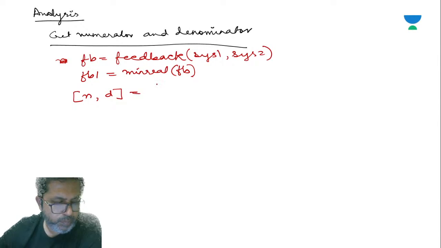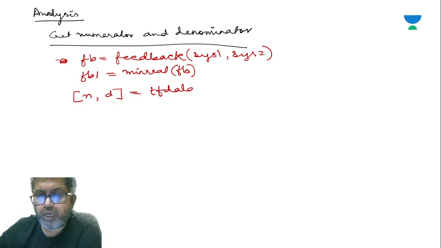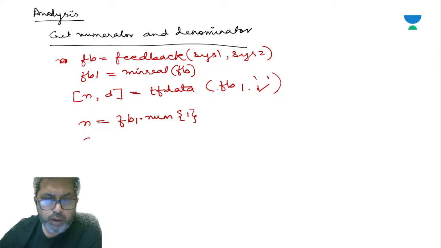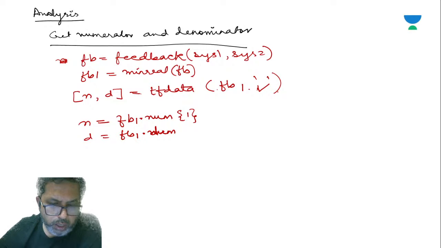n comma d is equal to transfer function data fb1 comma in quote 'v'. n is equal to fb1 dot num1, d is equal to fb1 dot denominator 1.